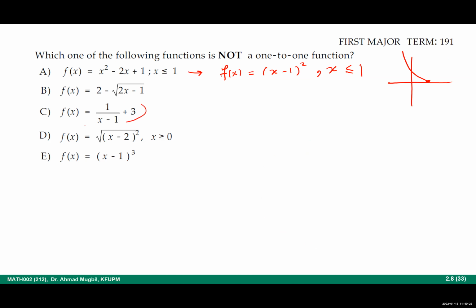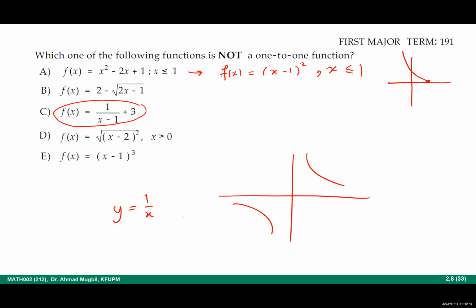For this one, there should be a condition here, by the way. I know that this is 1 over x, right? This is the graph of the function 1 over x. This is the same as this function, but shifted what? 1 to the right.